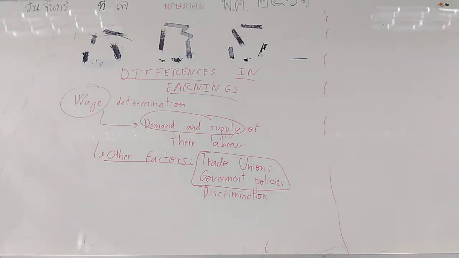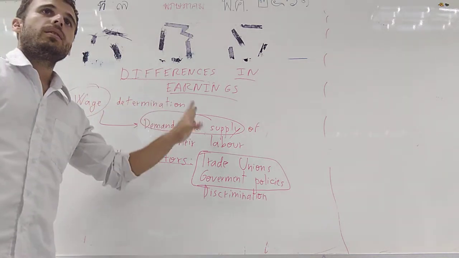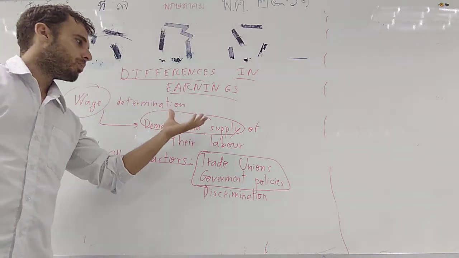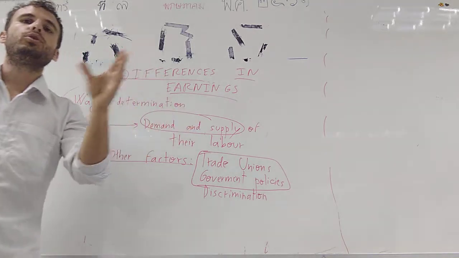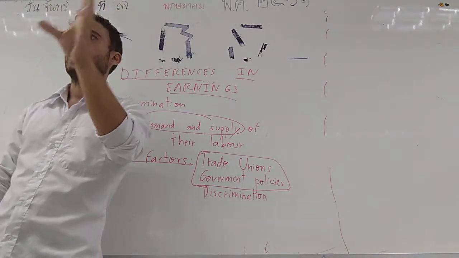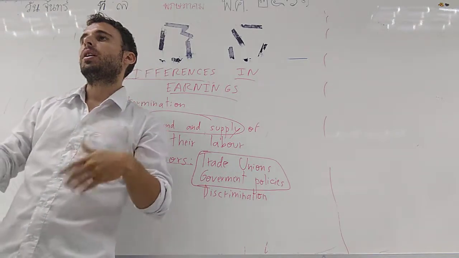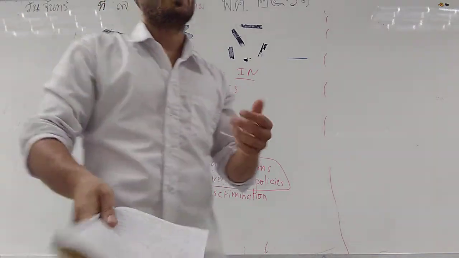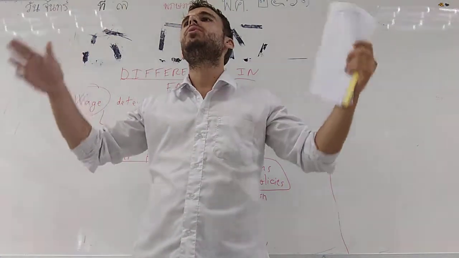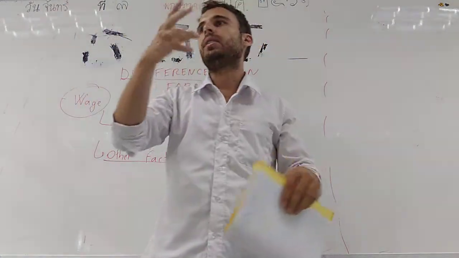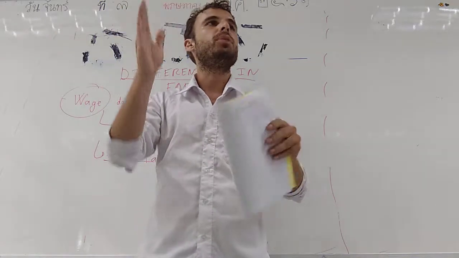So, demand and supply, initially and most importantly, will tell you what the equilibrium price and the equilibrium salary are going to be in a free market. But as we talked about before in the market economic systems, we don't live in a completely free market, nor a planned economy with a central plan, but something in between.